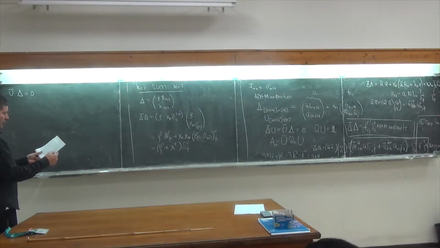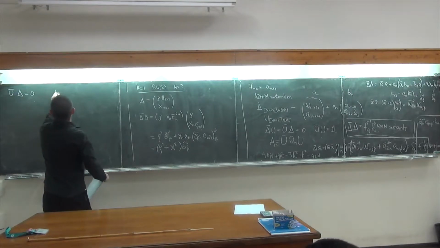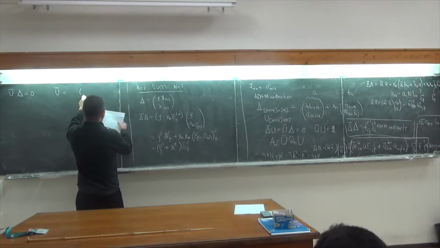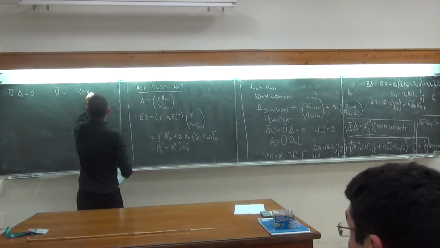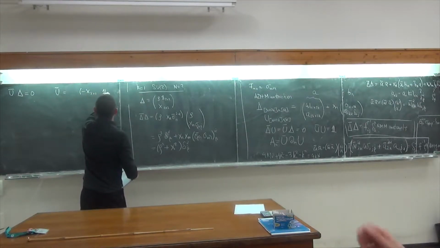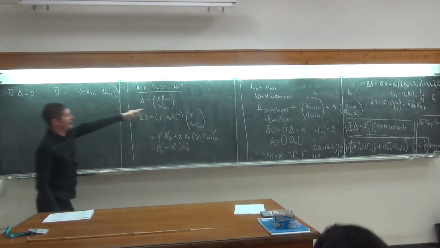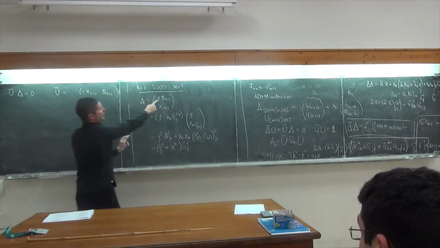Okay? Therefore, I can take, for example, for u bar, something proportional to minus x to 1. This is obviously u bar times delta is 0. It gives minus x bar.